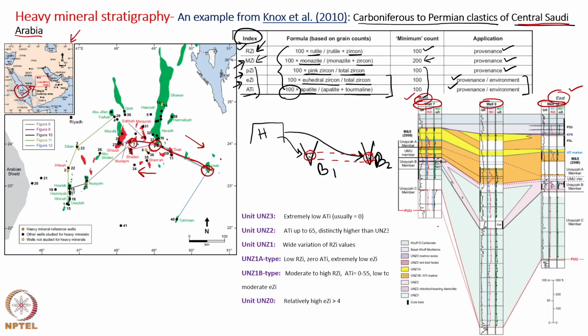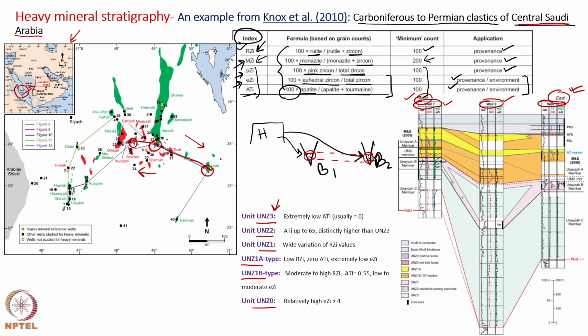Now, along with the geophysical data, the heavy minerals that have been found at different depths in wells number 7, 9 and 12 have been plotted. Several units have been defined based on heavy minerals: unit UNZ0, UNZ1B, UNZ1A, UNZ1, UNZ2 and UNZ3.